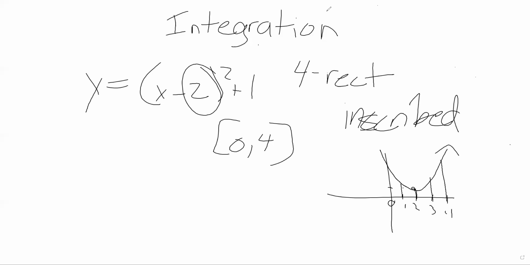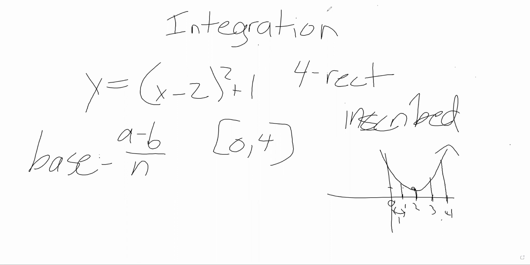Okay. So what do we do here? We talked about this in the chart problems. We know that the length of our bases is going to be 1 because we said that there are 4 rectangles and the difference between each of these is going to be 1. Actually, a good formula to memorize is that base length equals (b minus a) over n. That's going to be used more in the last example that I give, but you can plug into it now.